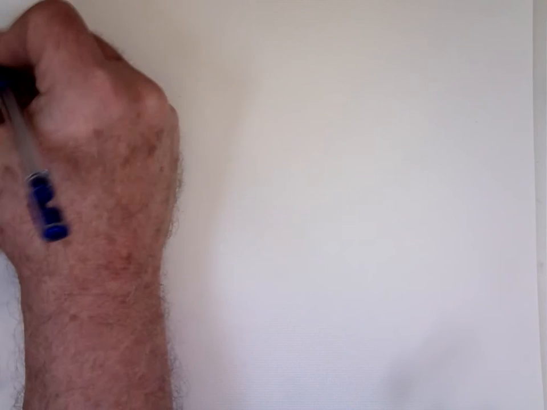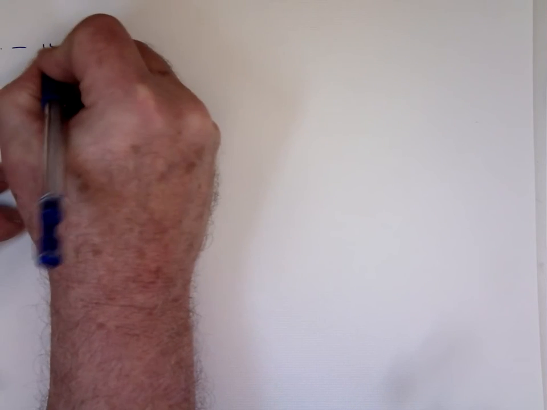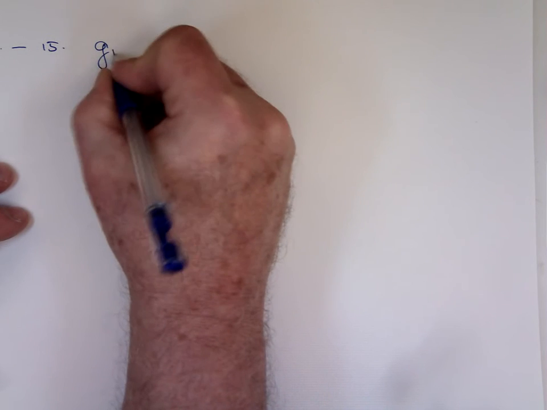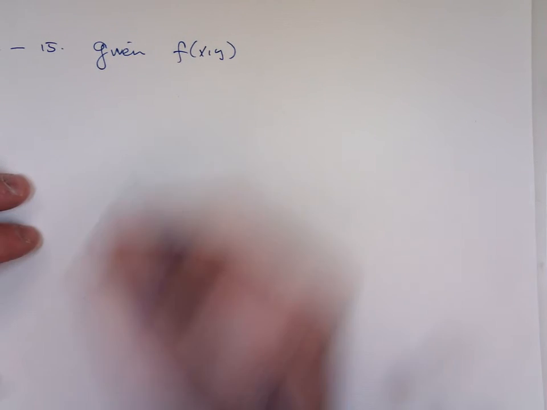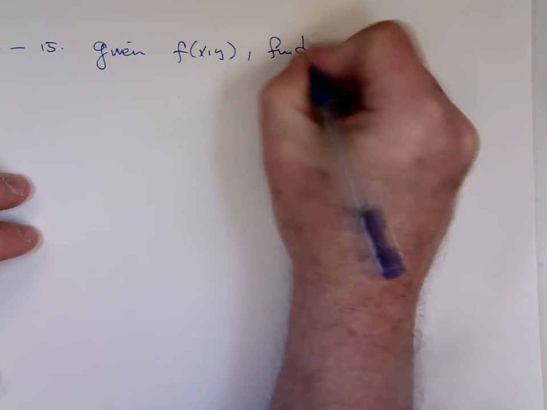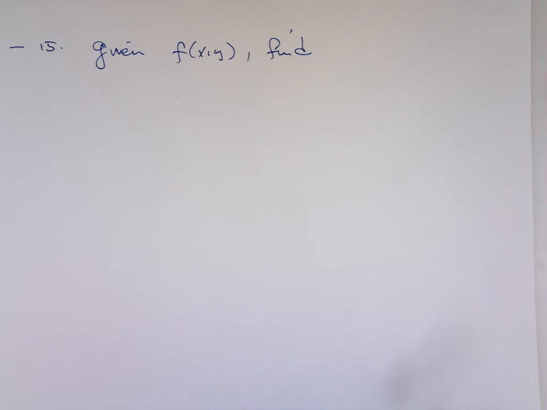7 through 9, and then we've got 10 through 15. Oh my gosh, big section here. Given a function of 2 variables, find a whole bunch of things.